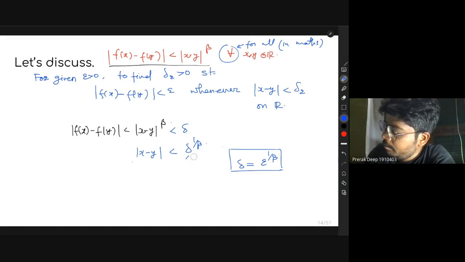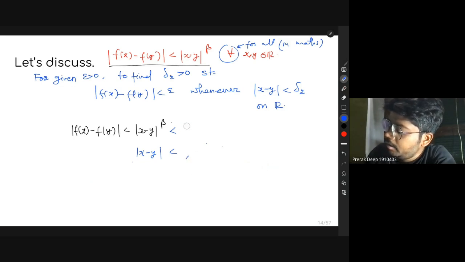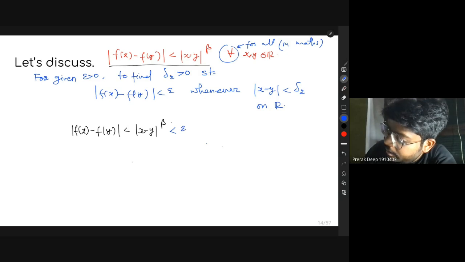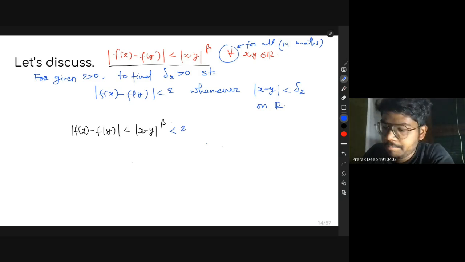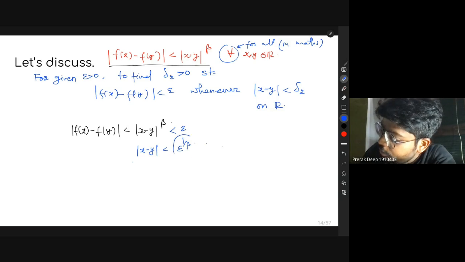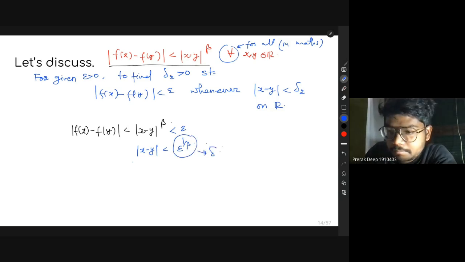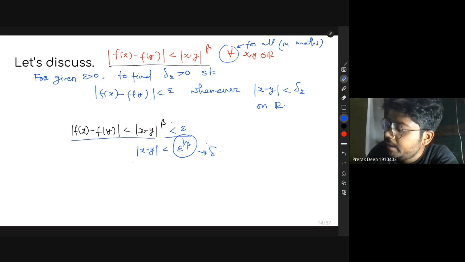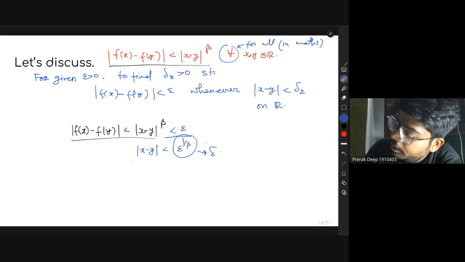Let me write it in a better notation. Assume this is smaller than epsilon. You want to find out the delta. So x minus y, this modulus, is smaller than epsilon to the power 1 over beta. You choose this to be your delta. So for this delta, the function modulus will be smaller than epsilon from this inequality.